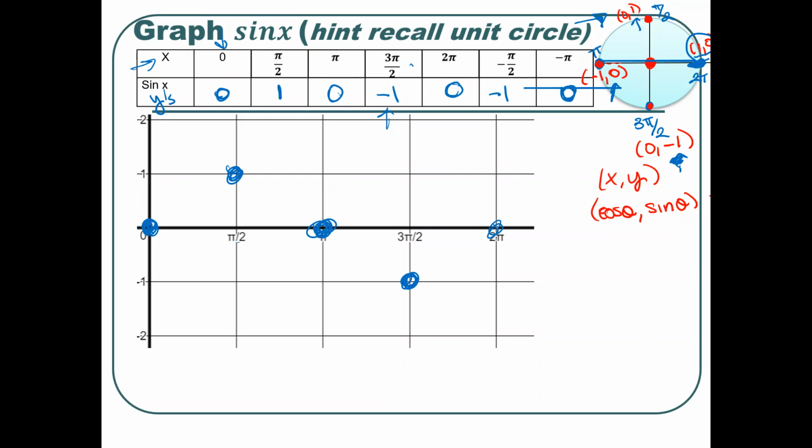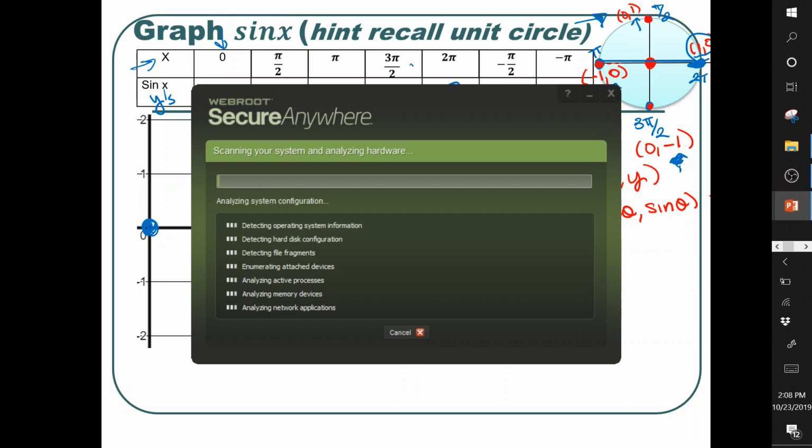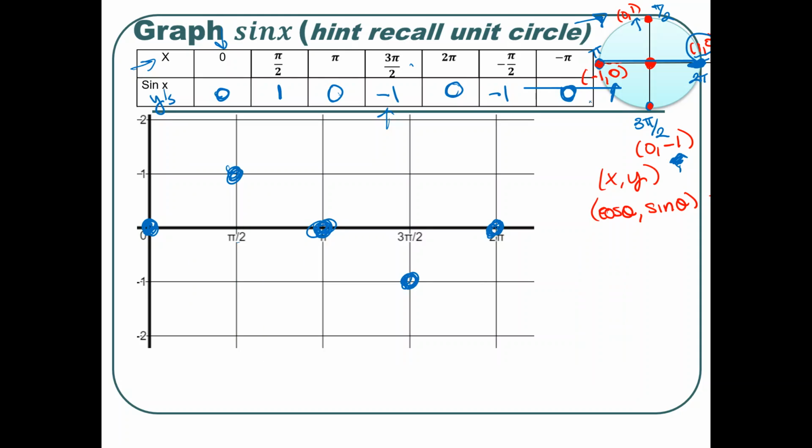Then at 2 pi I get 0. Now you're probably wondering where -pi over 2 goes. Well, -pi over 2 is on the left side, and that would be -1. And there's not enough space, but -pi would be at 0, a little bit more to the left. That would be my -pi.